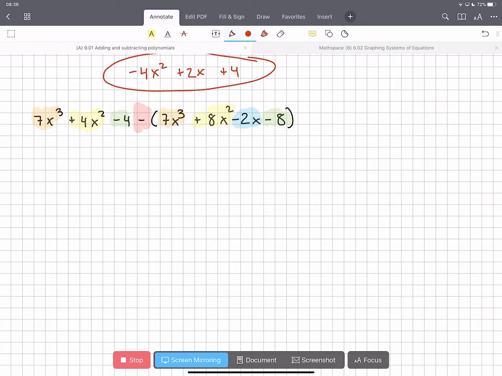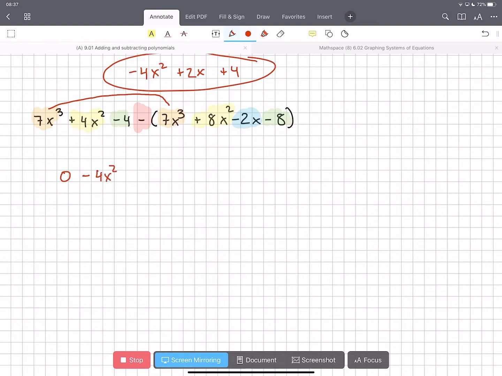So I'm going to do my 7x cubed minus 7x cubed, which is 0. Then I'm going to do my 4x squared minus 8x squared, which is negative 4x squared.